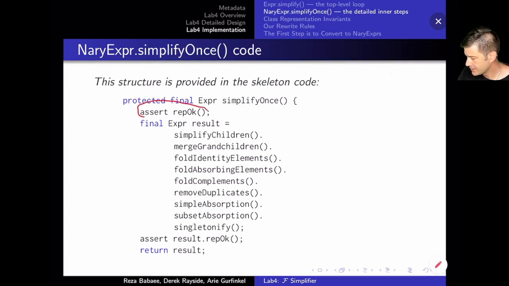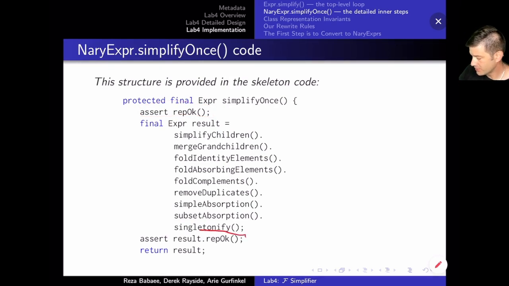What it's doing is first checking that the representation invariant of the expression is correct. We really want to know that whenever we apply any of our simplifications, we don't break any of the invariants of an expression, that it is a legal expression. We didn't make, for example, some child null or anything like this. We check this before, because we want to know that before we apply our simplification, it's good.